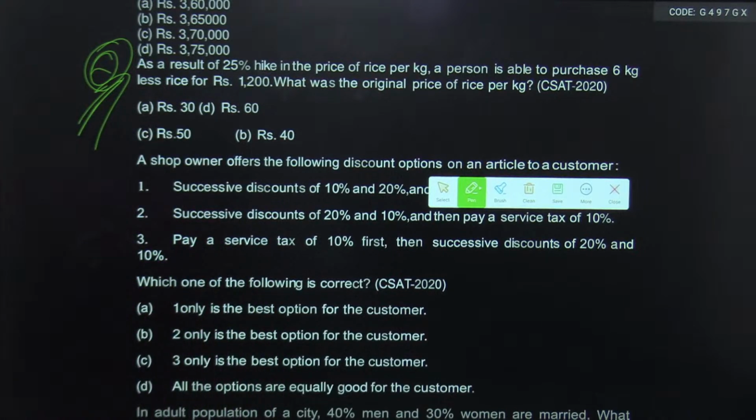One minute. As a result of a 25% hike in the price of rice per kg, a person is able to purchase 6 kg less rice for rupees 1200.